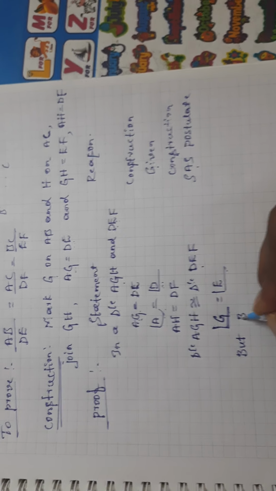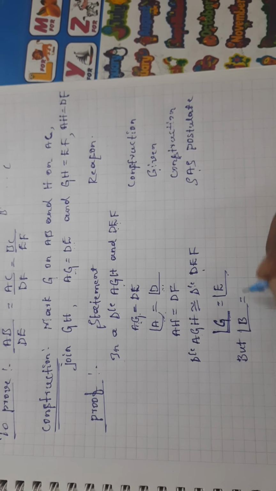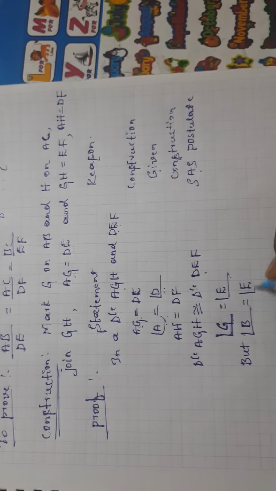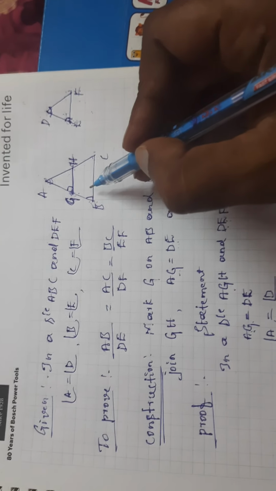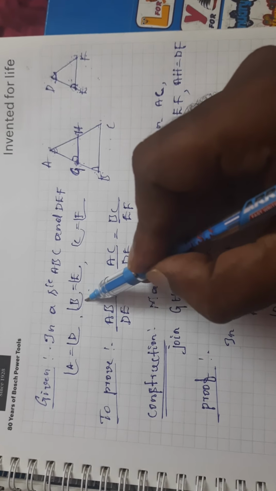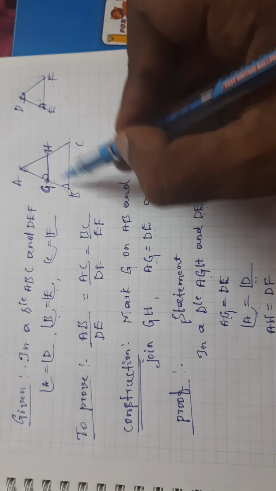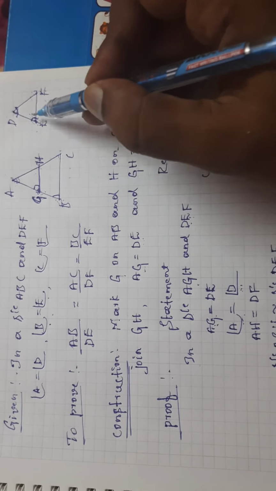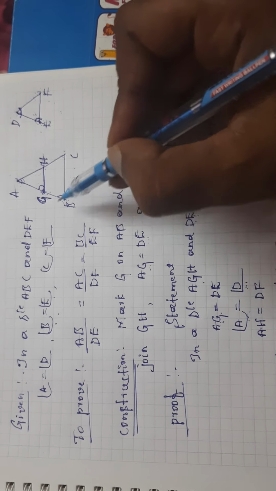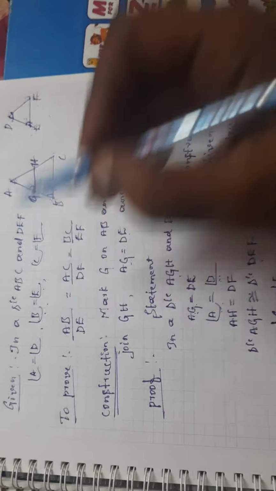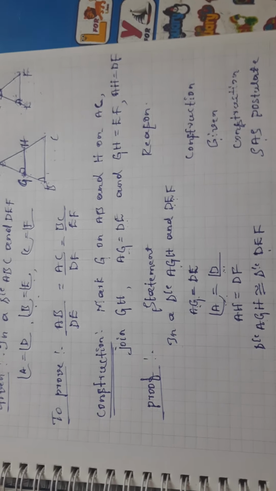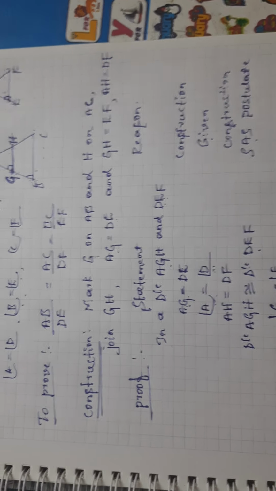But angle B is equal to angle E, already given in the statement. Those two angles are corresponding angles, given in the statement. Angle B is equal to angle E. This is given.